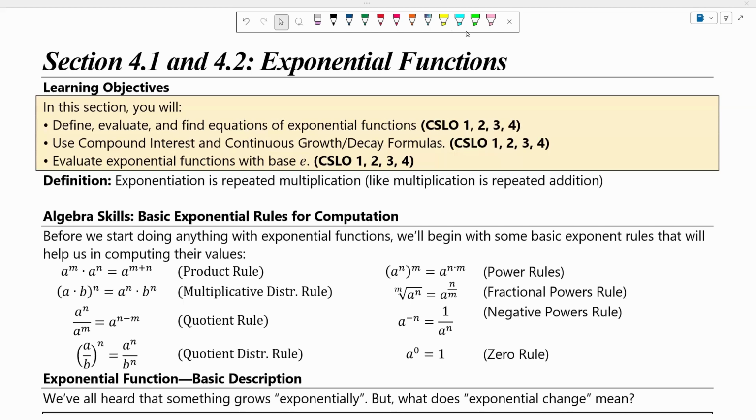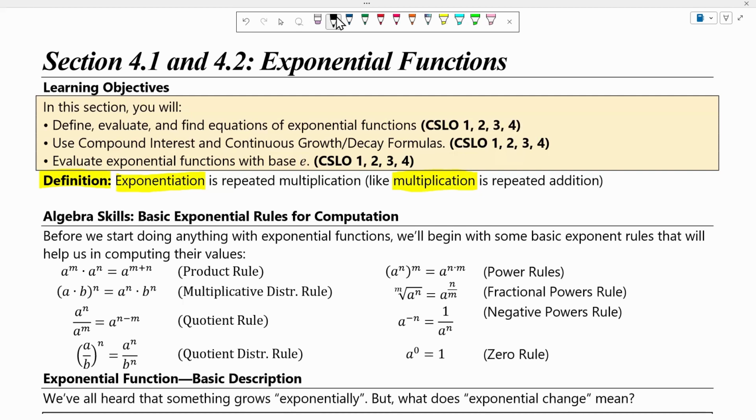So first of all, let me define what exponentiation is, okay? Exponentiation is repeated multiplication, okay? And if you remember, back in grade school, when we were multiplying things together, that was repeated addition, right?